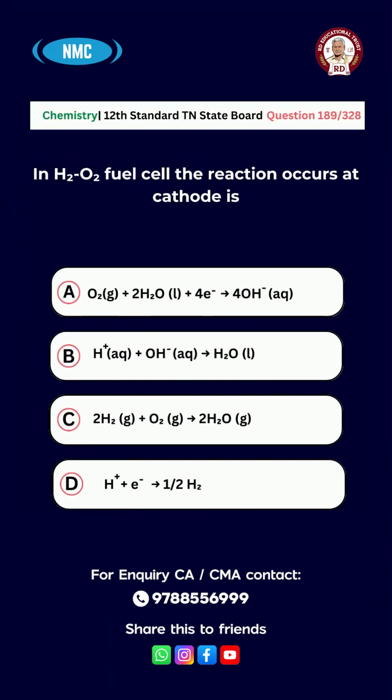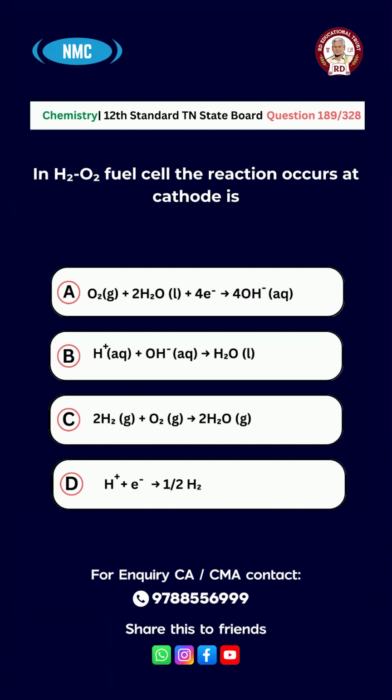Question number 189. In an H2-O2 fuel cell, the reaction that occurs at the cathode is: Option A. Gaseous O2 plus liquid 2H2O plus 4e minus gives aqueous 4OH minus. Option B. Aqueous H plus aqueous OH minus gives liquid H2O.